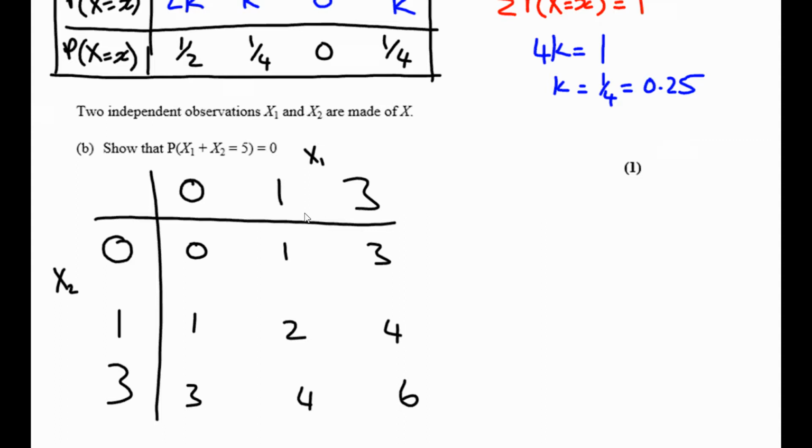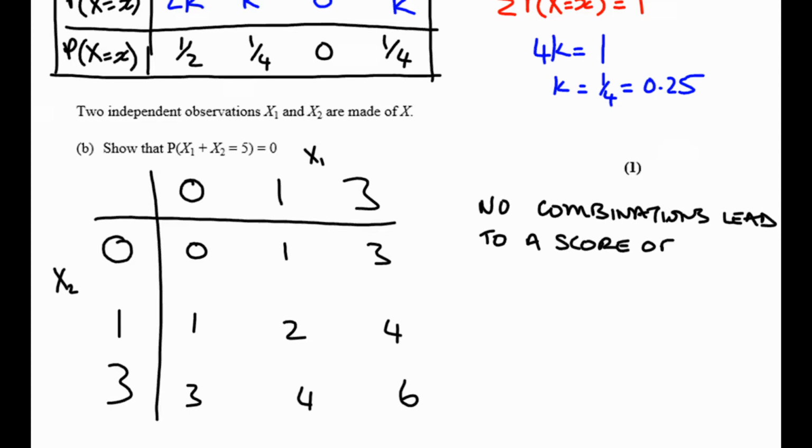And we can see from here it's actually impossible to get a score of 5. None of the combinations lead to a score of 5. Okay, so no combinations lead to a score of 5.